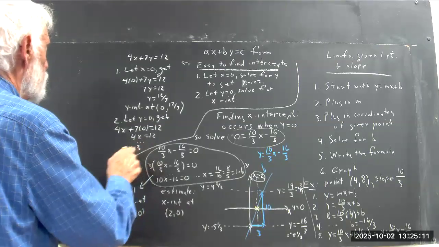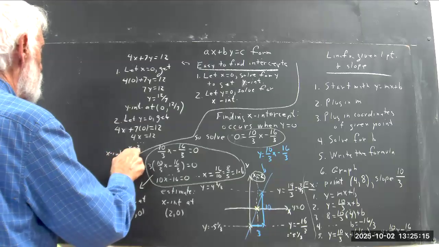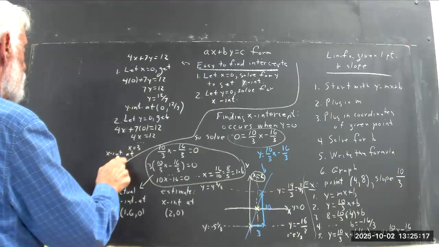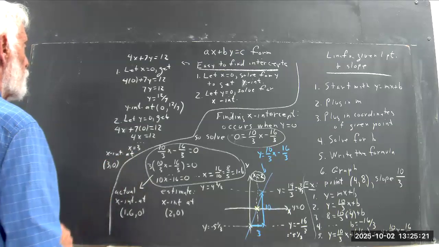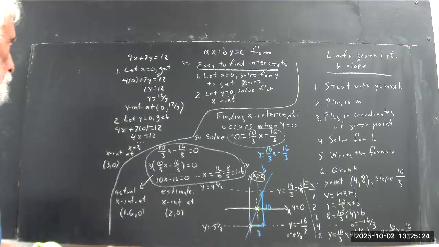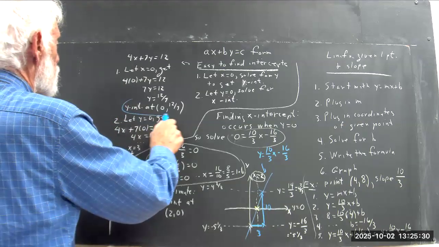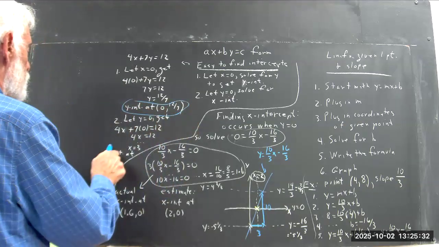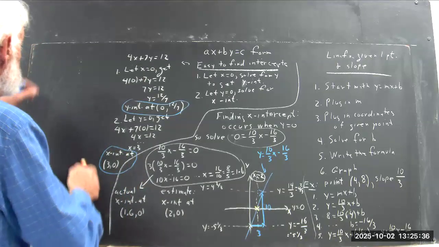X equals 3. The x-intercept is at 3, 0. So our payoff is, here's your y-intercept, it's at 0, 12/7. Here's your x-intercept, it's at 3, 0. Now graph.